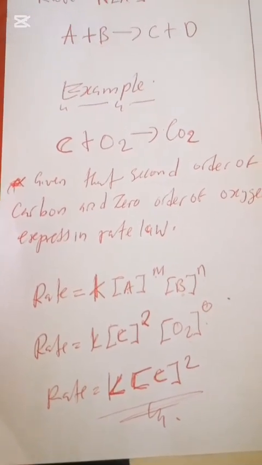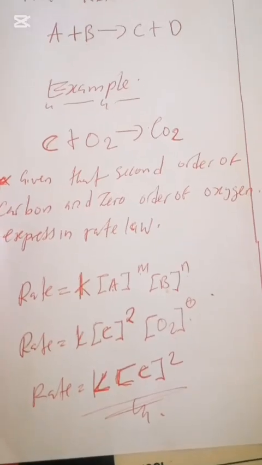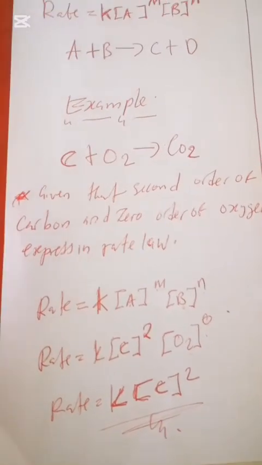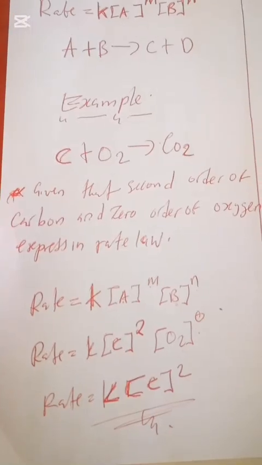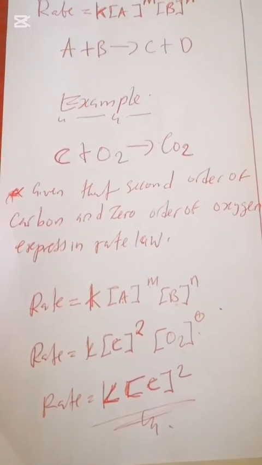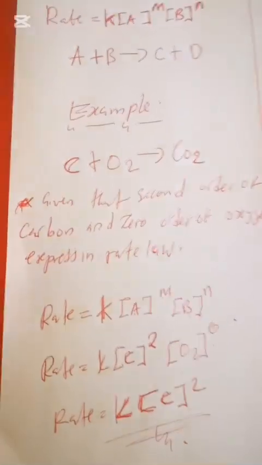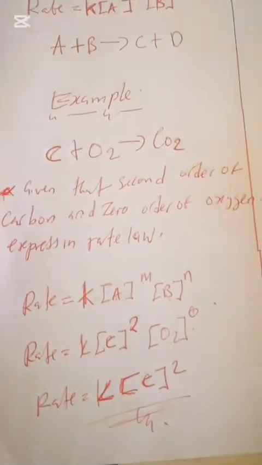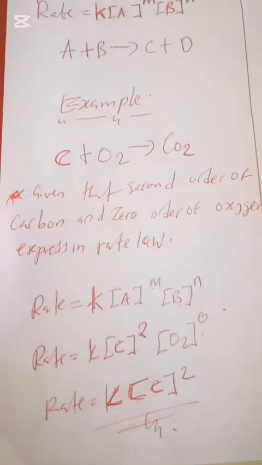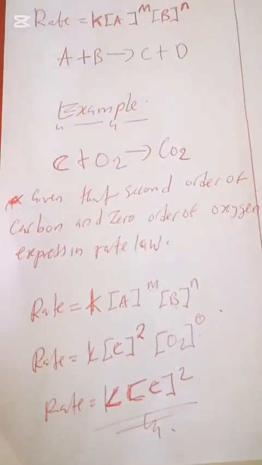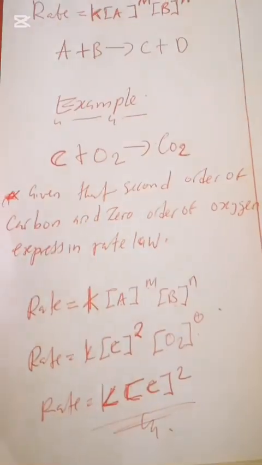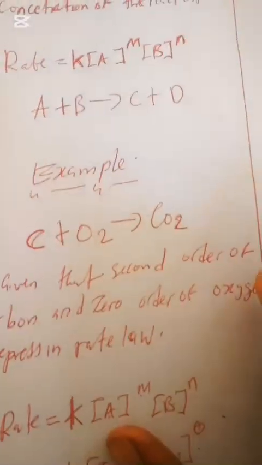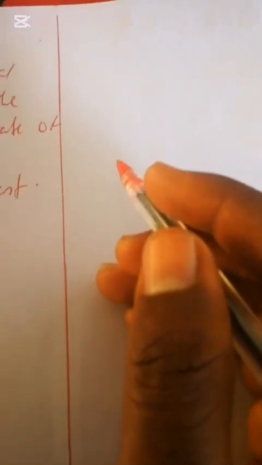Now you know how you can express in reaction order. They can also give you questions where they have experimental values to find the reaction orders. We know how to express in rate law, but how can you find the reaction orders? Let's give an example for this question.